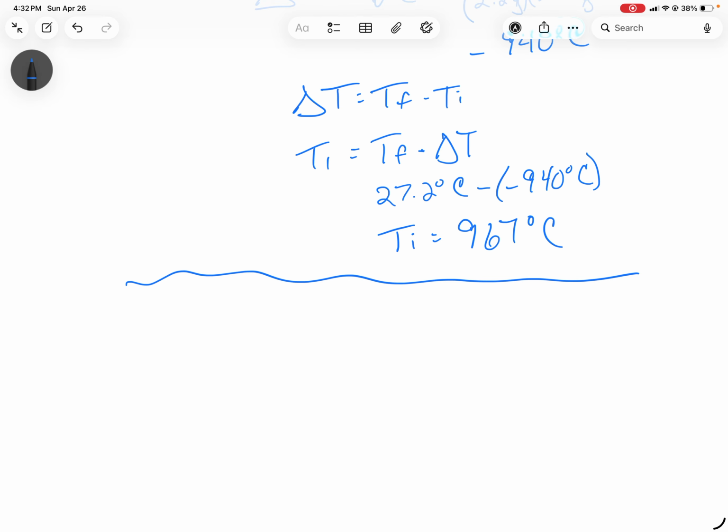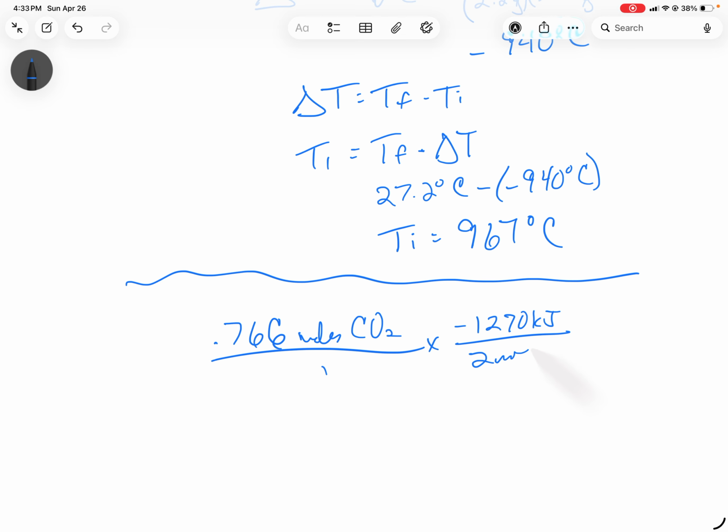Another one that we saw in the free response we did in class last week had you figuring out, I think, in one of the problems, using a PV=nRT that 0.766 moles of CO2 was formed in a reaction, and that the delta H for that reaction was negative 1,270 kilojoules for 2 moles of CO2.